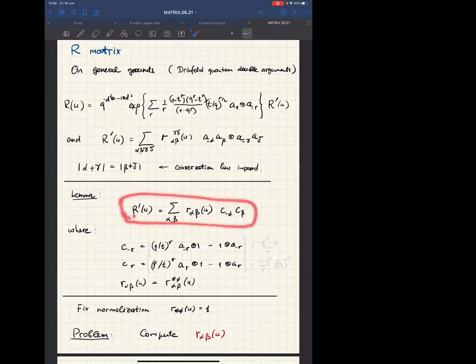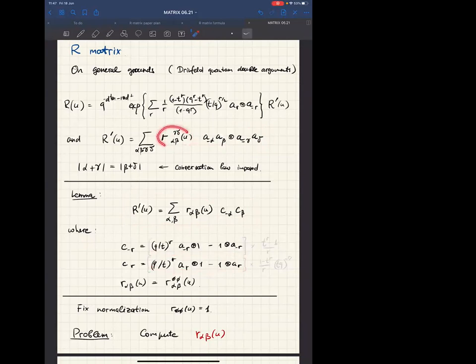So R prime expands not in the full set in this large tensor product, but only in two operators, which are written in terms of the original operators like this. This follows from a simple coproduct relation, and it reduces the number of coefficients that we need to compute.